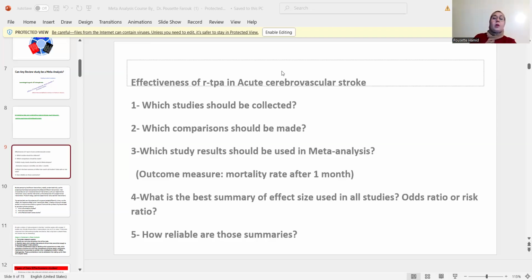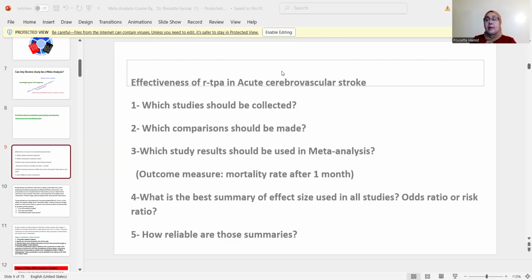Okay? 4. What is the best summary of effect size used in all studies? What's meant by the effect size? Effect size is the way we measure this comparison between both. We will have a separate class talking only about effect size, what is the odds ratio, what is the risk ratio.